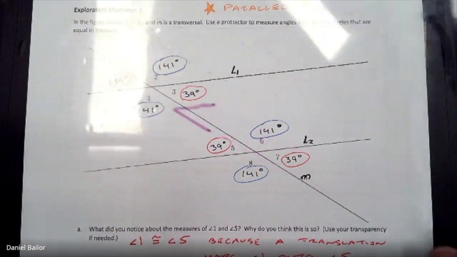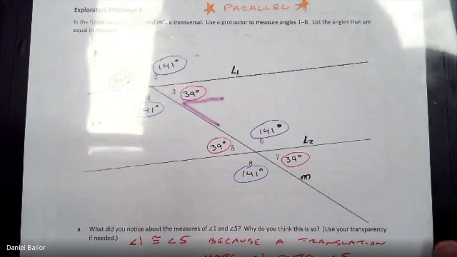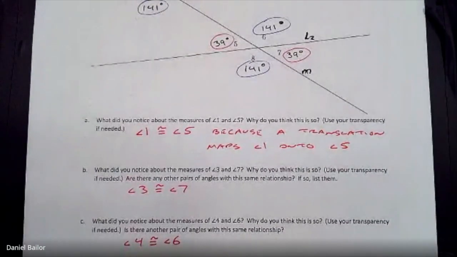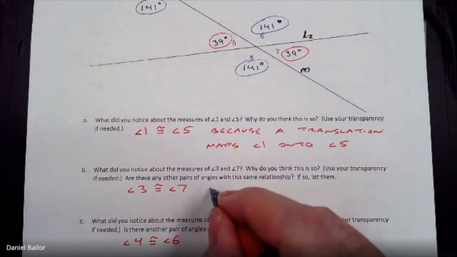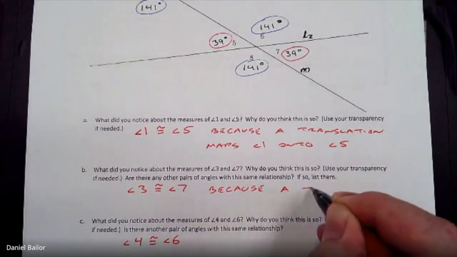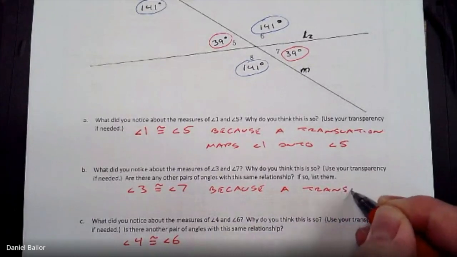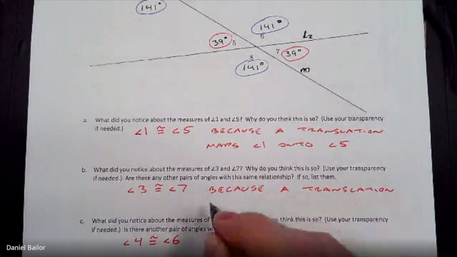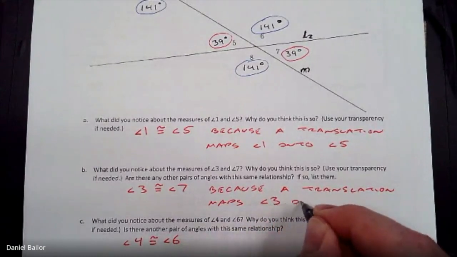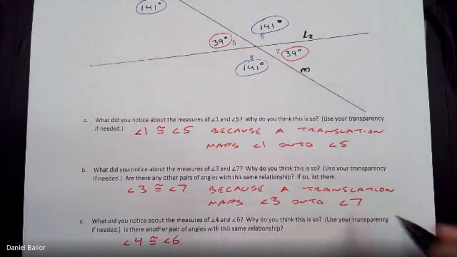So why is 3 congruent with 7? Because a translation maps angle 3 onto angle 7.